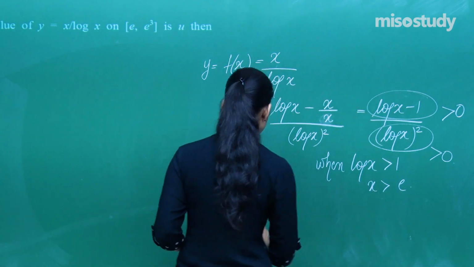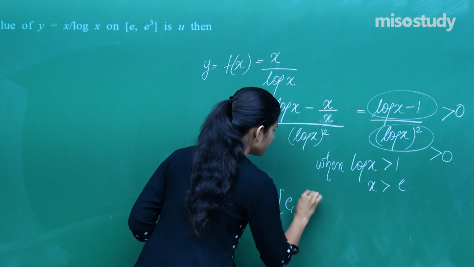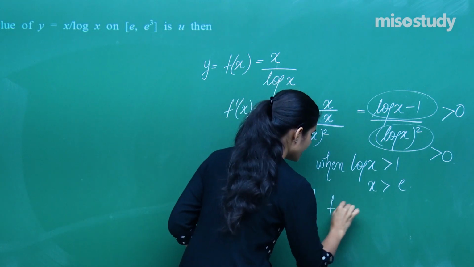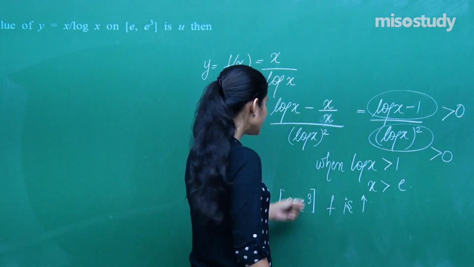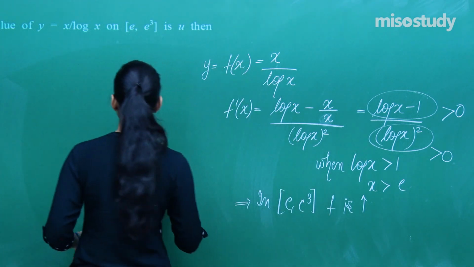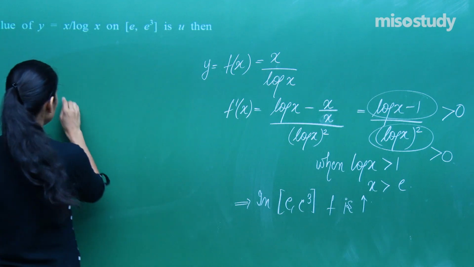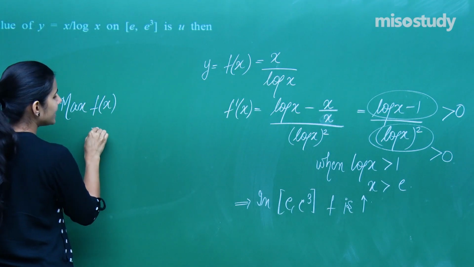Yes, that means in this interval, x is greater than e, f is increasing. If f is increasing in this interval, maximum of f will be what? It will be attained at the very end point of the interval. Max of f will be attained at e cube.